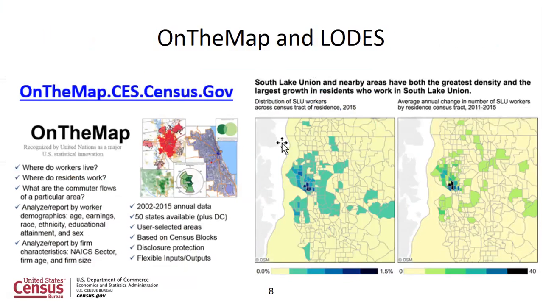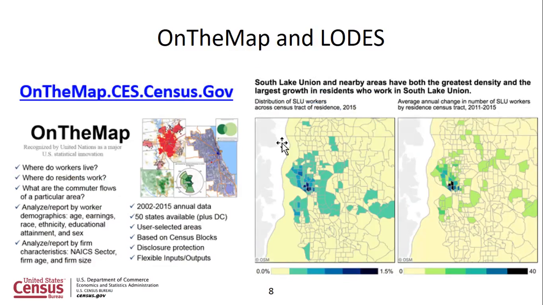First, let's talk about OnTheMap and all its functionalities. OnTheMap is a web-based mapping and reporting application that shows where workers work and where they live. It provides companion reports on age, earnings, industry distribution, race, ethnicity, educational attainment, and sex.